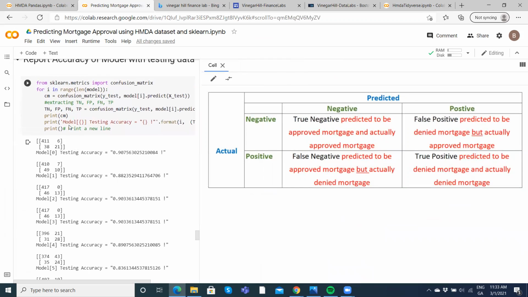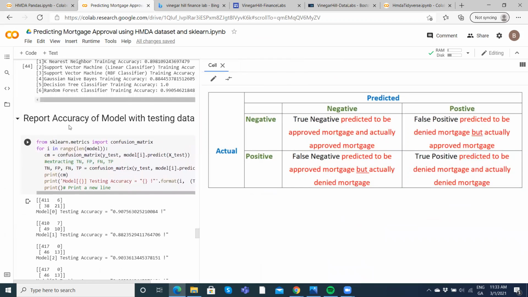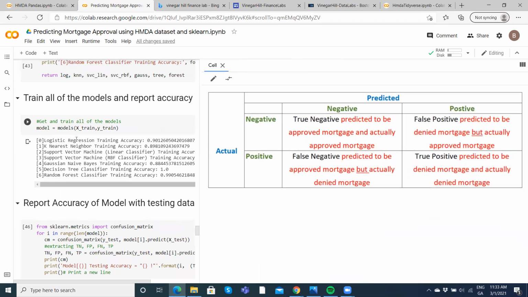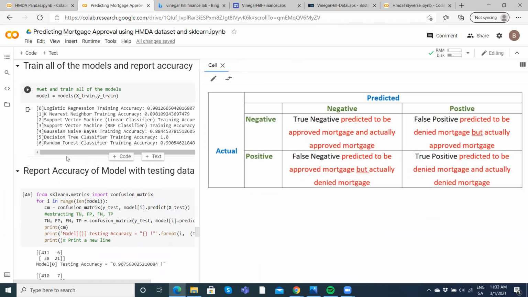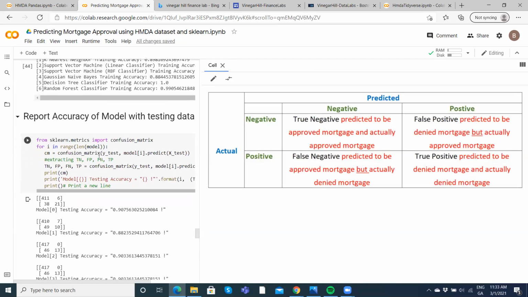We're looking at the model performance. So we've taken each of the models, the logistic regression, the K nearest neighbor, and so on, random forest, all of those 7 models. We have 7 models in total here. And we've looked at the training accuracy, which is all very high. That's a little bit flattering. So we would like to test against the testing data, the out-of-sample data.